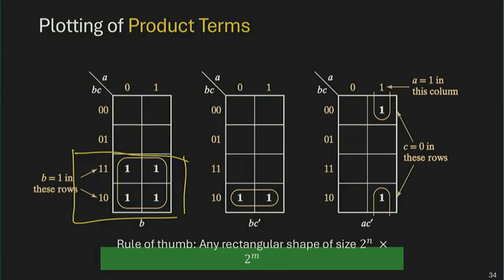Well, they have different B values, but both of them have C equals 0. And that can be represented as C prime. So together, that is represented as AC prime. The rule of thumb is that any rectangular shape of the size 2 to the n times 2 to the m, like 2 by 2, 2 by 1, 1 by 4, 2 by 4, those kinds of shapes, you can represent as a single product term.